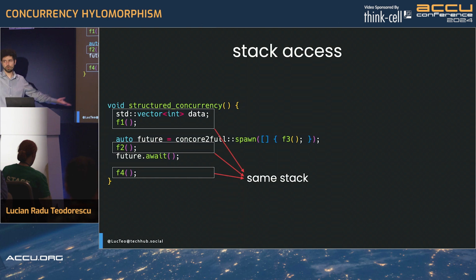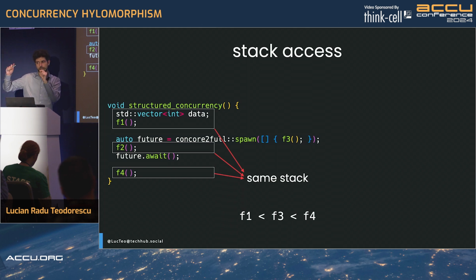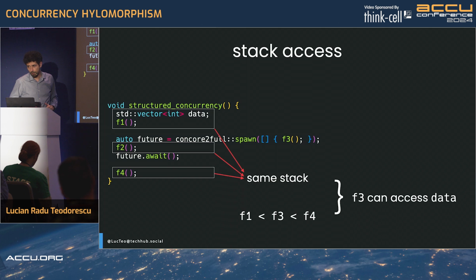That is programming as we know it, imperative programming. But then we have this concurrent relationship that says F1 needs to be executed before F3, and F3 needs to be executed before F4, right? That's by design. That's how we constructed this. We set a spawn, and then F3 needs to execute after everything that is done before that. And because of that await, F3 needs to finish before F4 is executed, right?